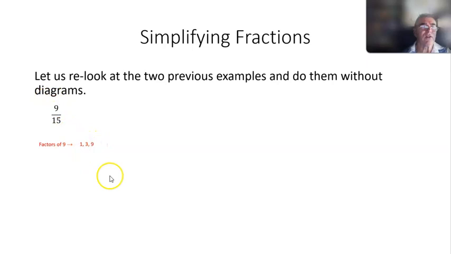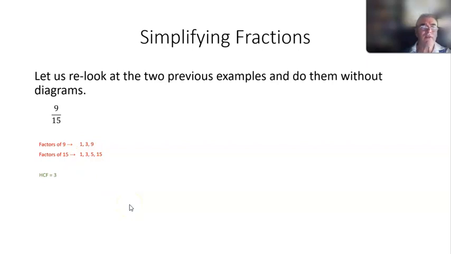The factors of 15, the numbers that multiply together to give 15, are 1 times 15 and 3 times 5. We want to find our highest common factor, the largest number that's common to both. 1 is common, but 3 is our largest one.